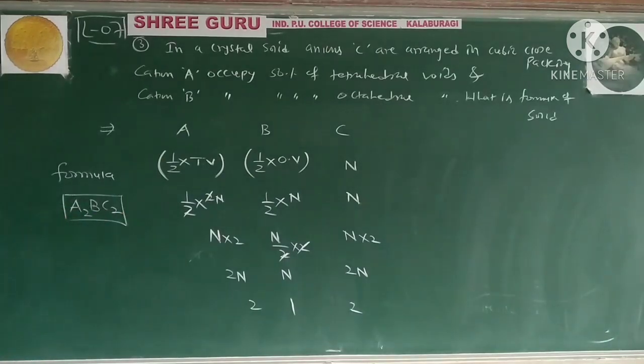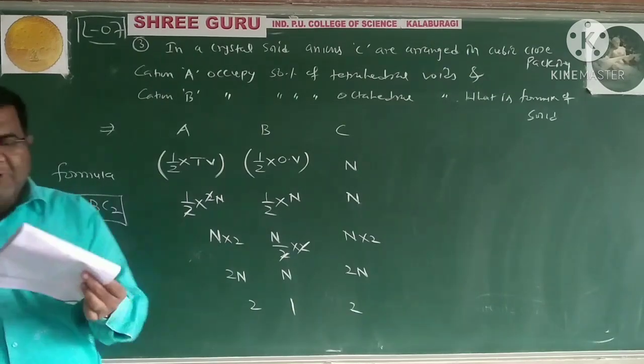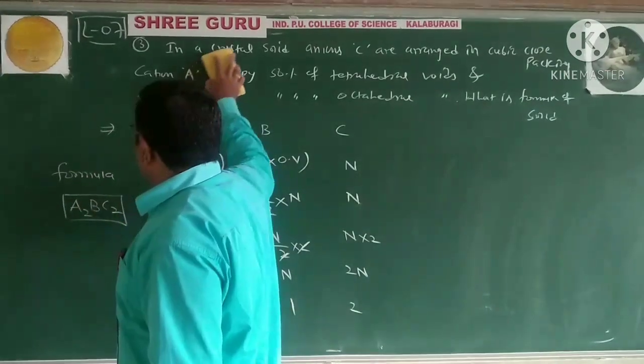In this way we can complete this formula. Right, so this is the third question. Then I will give you the last one as homework. Question number 4 we will do now.